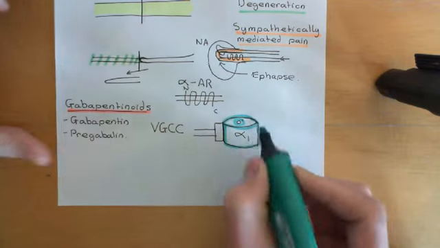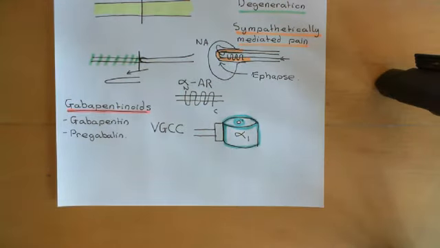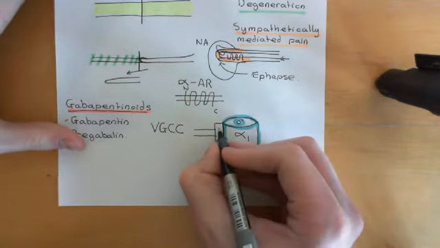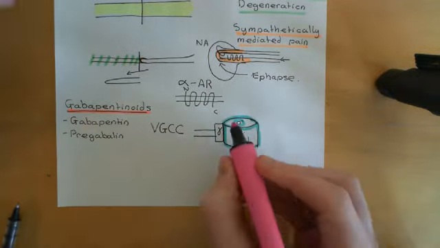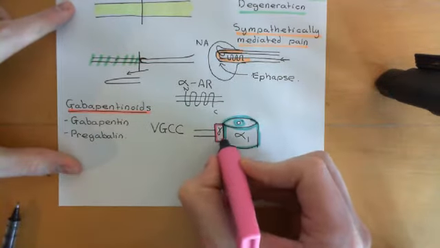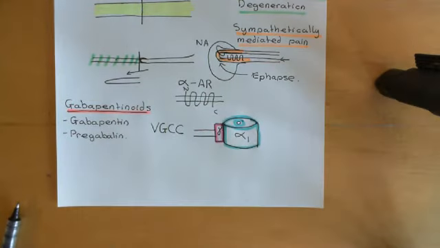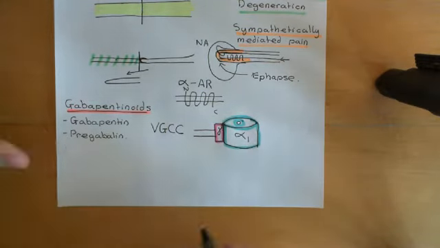So here it is. Then, you have a huge number of different auxiliary subunits. This one that I've already drawn here is what's known as the gamma subunit. I'll colour that in purple, and that sits alongside the alpha-1 subunit in the membrane.